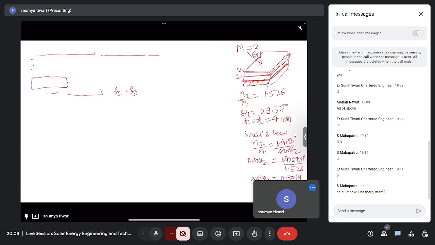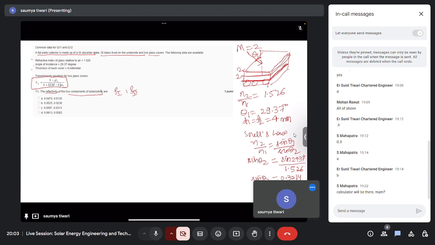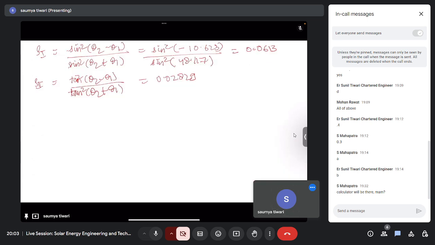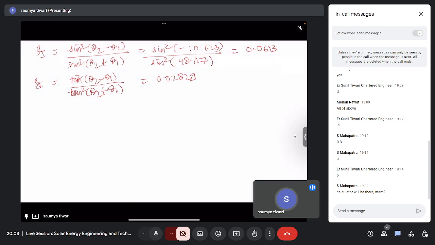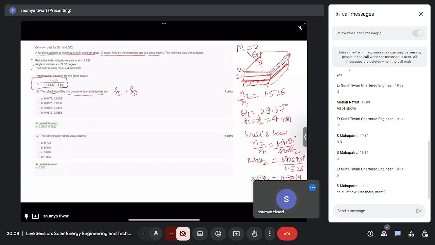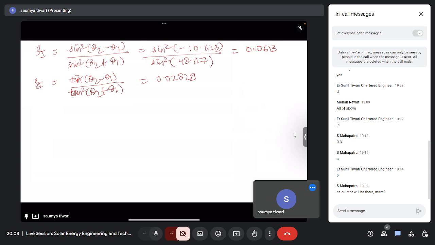Now we know the rho 1 and rho 2 values. Now we have been asked the reflectivity of two components of polarization. So we can further calculate the tau r1 value.